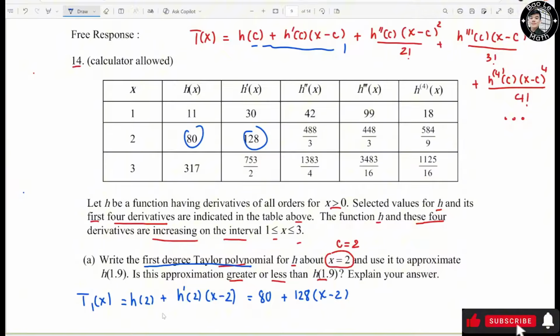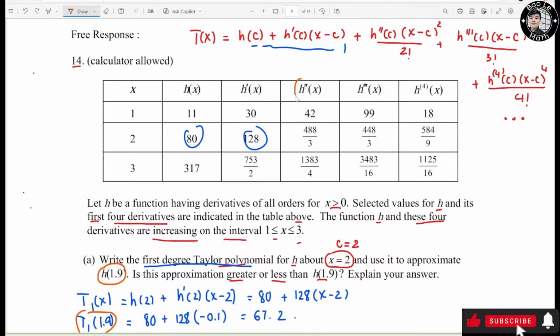Now we need to calculate T1 of 1.9, right? So it's going to be 80 plus 128 times 1.9 minus 2, which is negative 0.1, right? Now if you use a calculator, this actually equals 67.2. We need to compare this with h of 1.9.